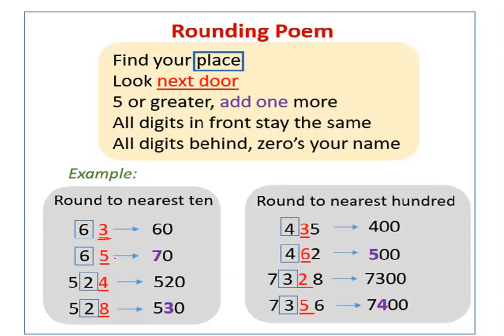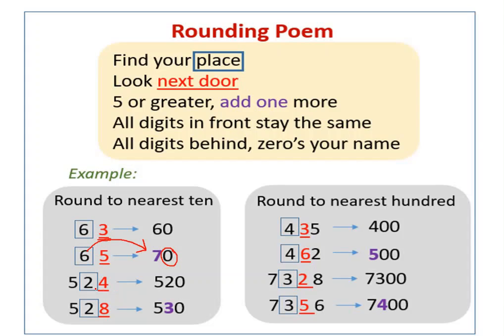So instead of 5 I will put 0, as you can notice here, and 5 will give 6 one more, so my 6 will be 7 here, okay, it will be 7.